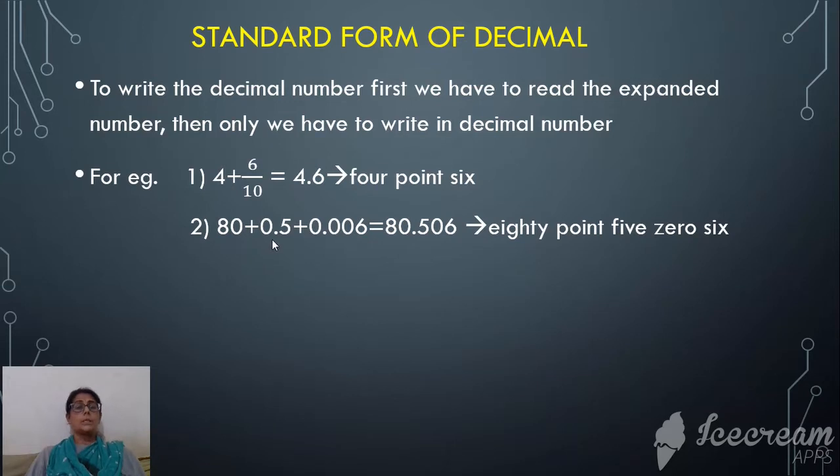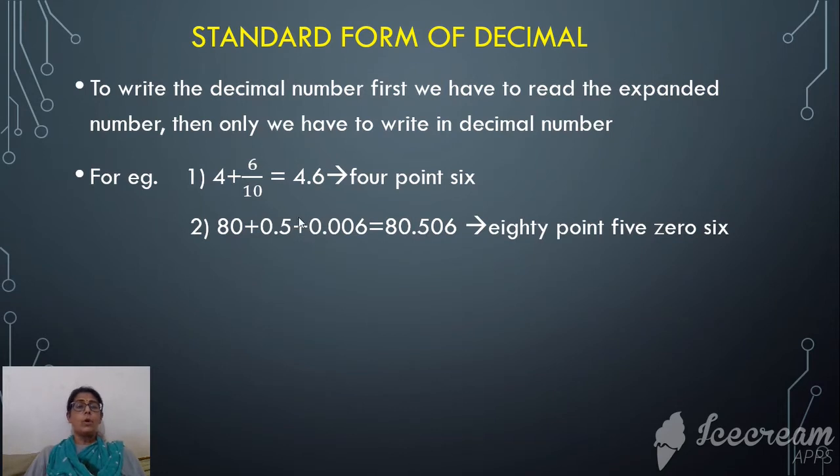80 plus 0.5 plus 0.006. You can check here, 80 is the whole number, right? So 80 we will write before the decimal dot. That means 80 point. Now after the decimal only one digit is there, so 5 we write in the tenths place.